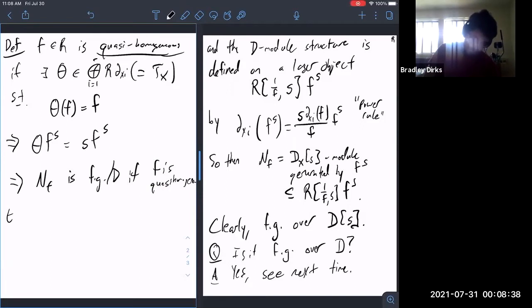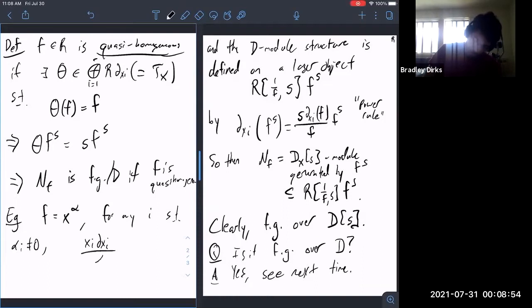And so maybe an example of a quasi-homogeneous is if F is a monomial. Then for any I such that alpha I is non-zero, xi dxi over alpha I applied to F is equal to F. Great.